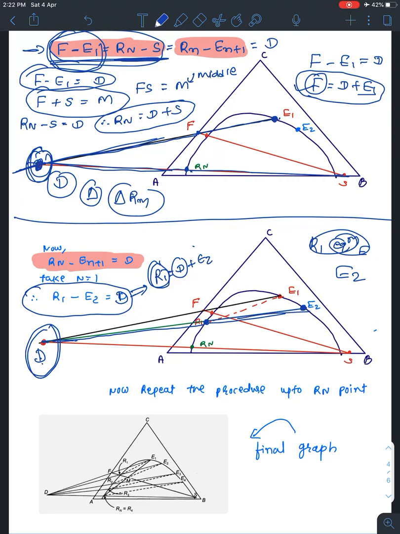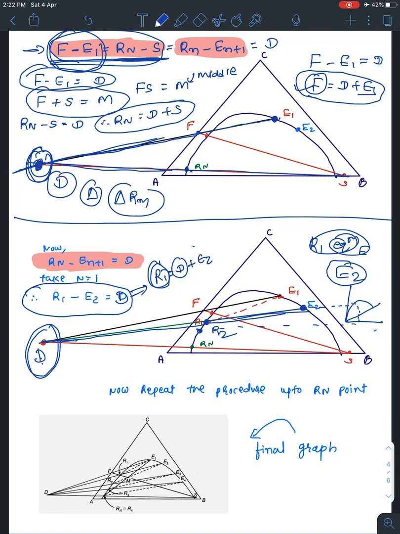The next step is how to come up with the R2 point. Again we'll follow the same procedure. From the distribution diagram I'll extend the line, come over here, and somewhere around here I'll get this R2 point. E2 and R2 are in equilibrium.